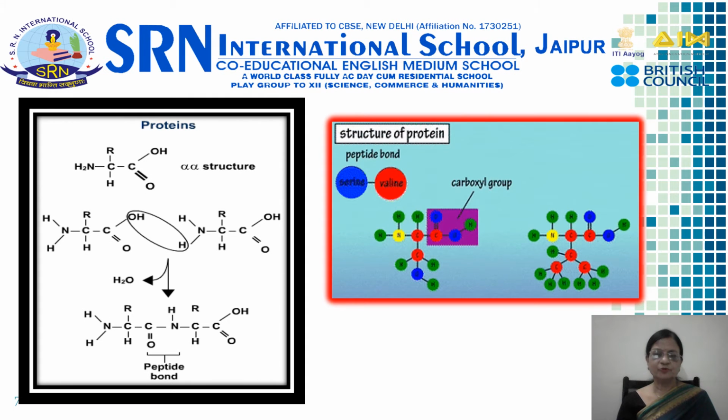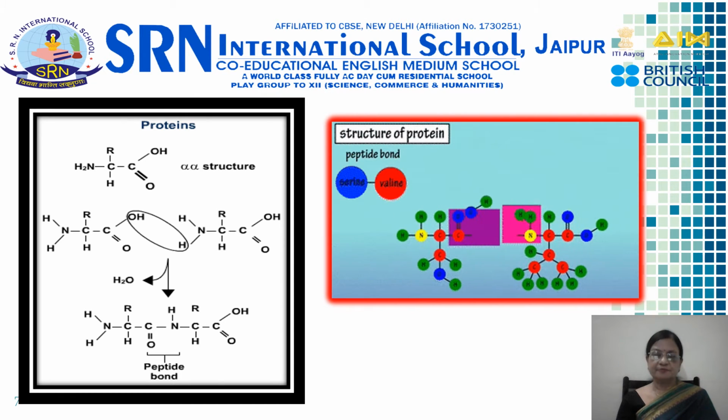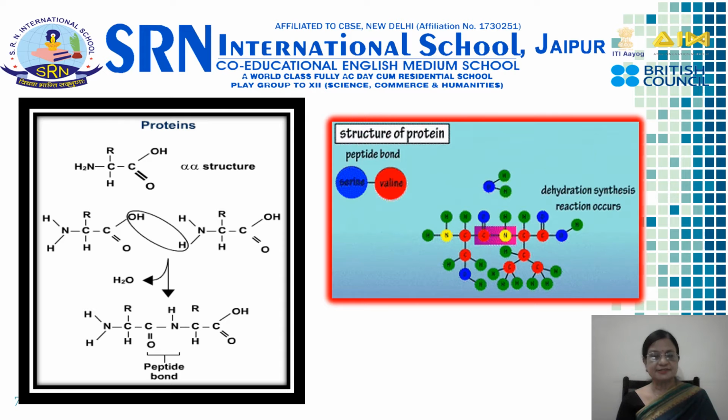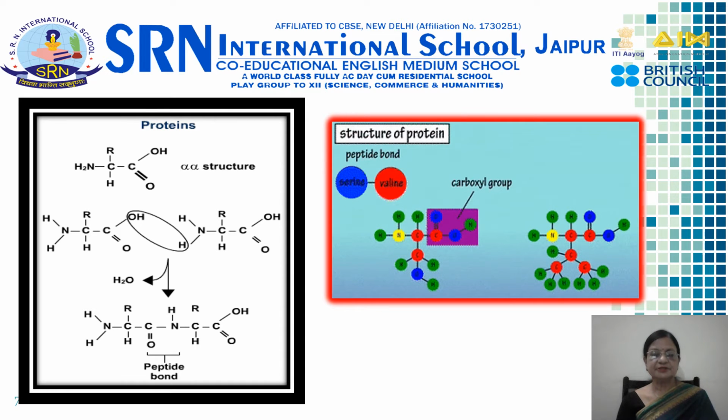The second biomolecule is protein. Proteins are the most abundant biomolecules of the living system. Chief sources of protein are milk, cheese, pulses, peanuts, fish, meat, etc. All proteins are polymers of alpha amino acids.